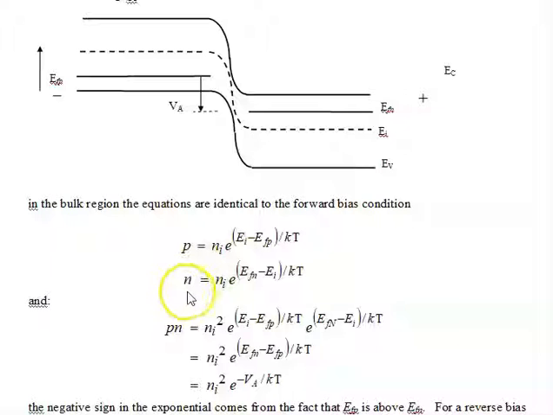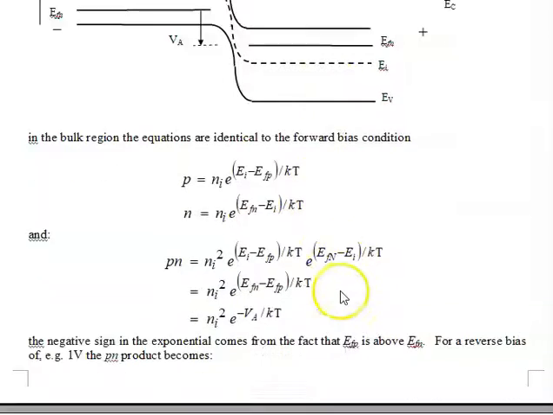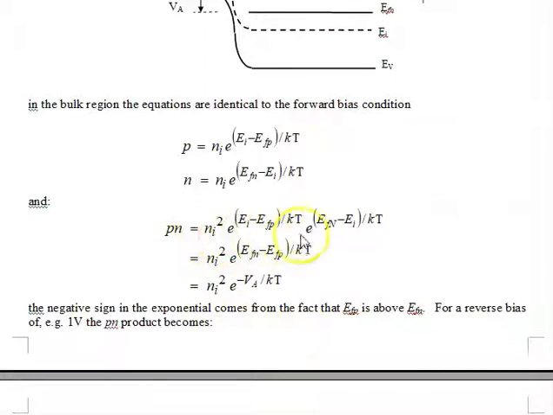And for the N side, of course, the Fermi level is above E sub i. This doesn't really look like it's 0.42, but trust me, we're going to assume it is. It's not terribly important.